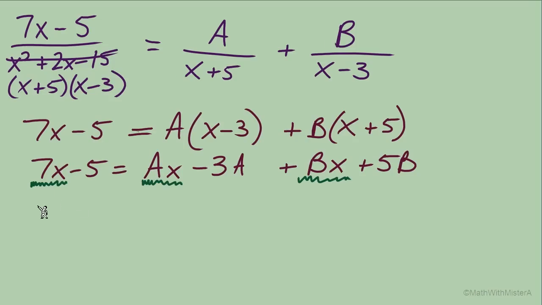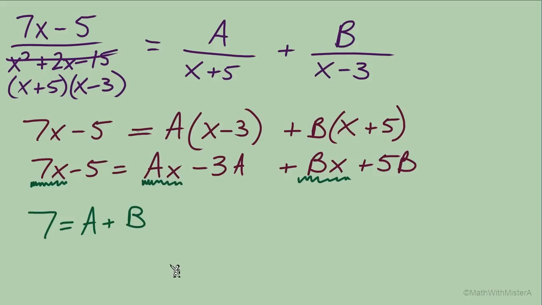First, we're just taking the 7x equals Ax plus Bx. All the terms that have x are forming their own equation, and at the same time, we're going to lose that x. All we really care about are those coefficients, because what is it about combining like terms? Ax plus Bx, if we knew what those numbers were, we would add up A plus B. So 7 has to equal A plus B. We just lose the variable x.